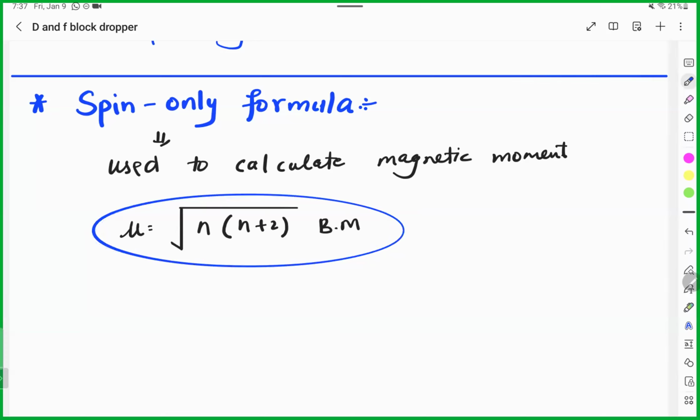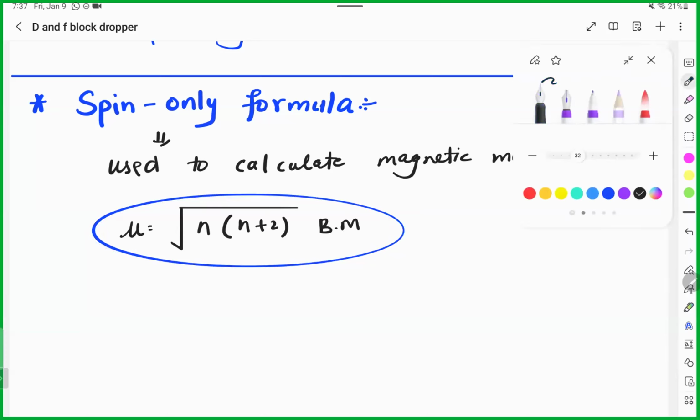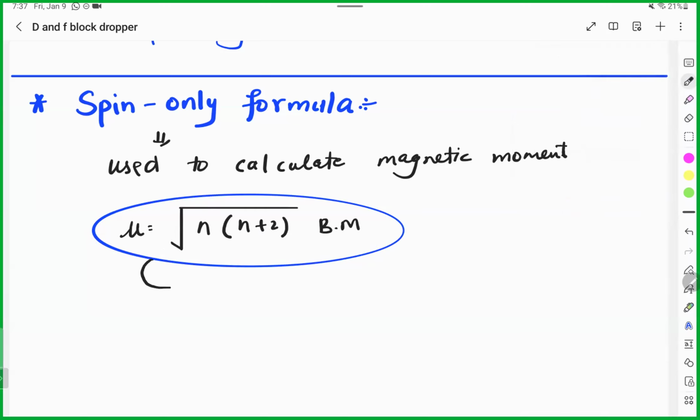We did this. Jordan, what is n in this case? What is n? Lone pair? No. Unpaired electron.